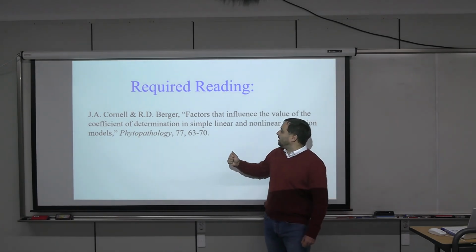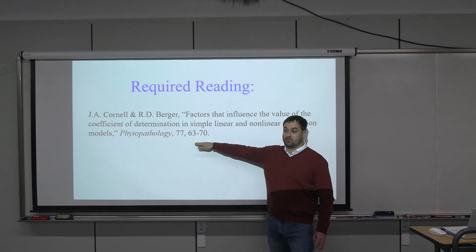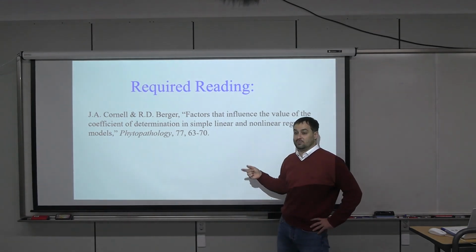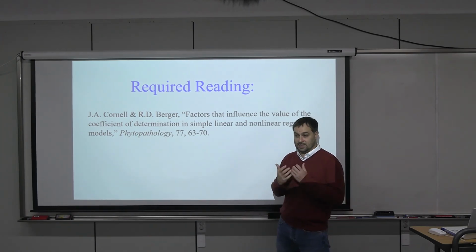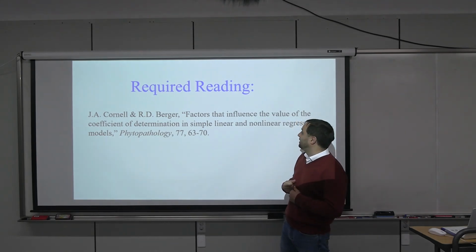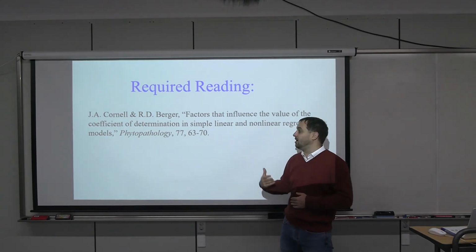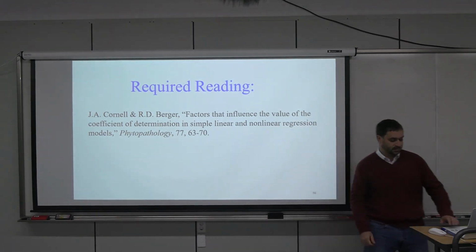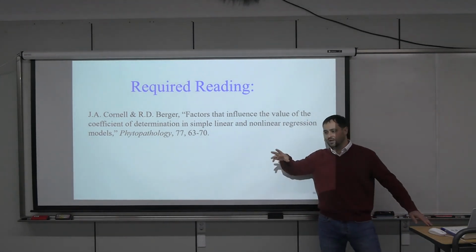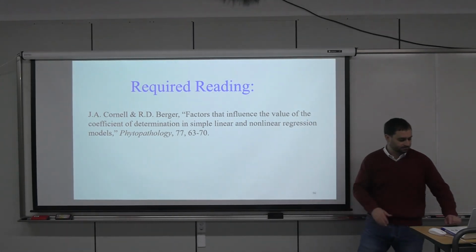This is sort of an assigned reading, and they give a lot of example data sets. They do several test cases, which you can work through on your own to get a better understanding of the coefficient of determination, or R squared. I believe this paper is available open source on the internet.